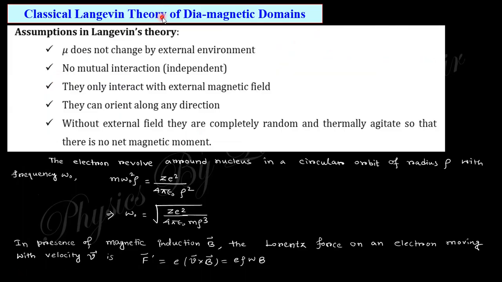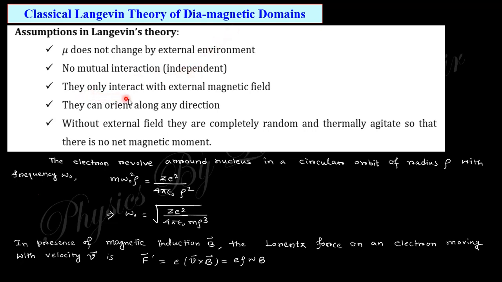So this is the basic property of diamagnetic material. This property is explained by Langevin's theory of diamagnetism. For Langevin's theory, there are certain assumptions. What are the assumptions? First, mu, the relative permeability, does not change due to the external environment. Next, there is no mutual interaction, that is, the dipoles are independent of each other.